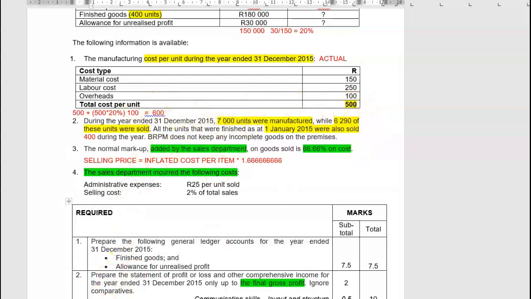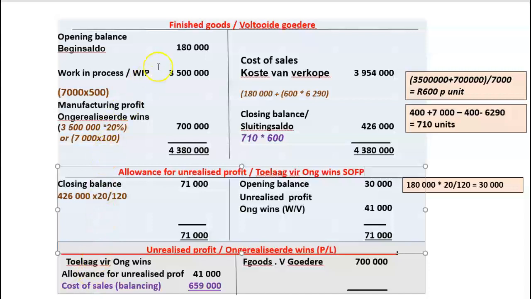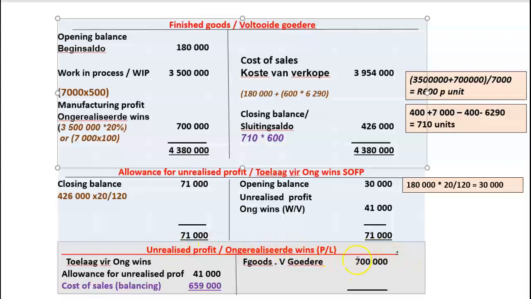So out of our work in process account, we have transferred 7,000 items at the actual cost price of 500 Rand, 3.5 million, and then for the unrealized profit, 7,000 units at 100 Rand, and that gives us 700,000. The counter leg of that 700,000 is our unrealized profit P&L account, 700,000.